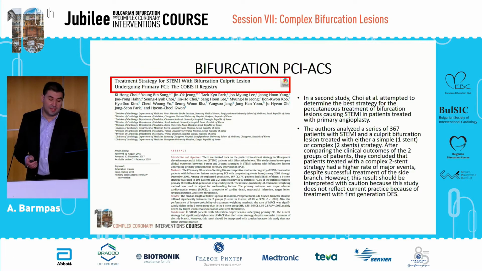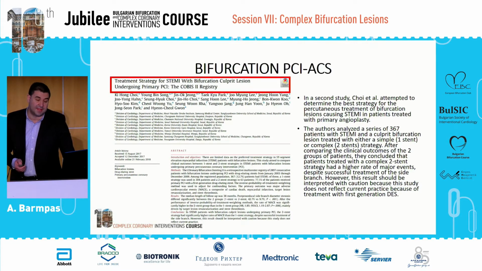In a second study, Choi et al. attempted to determine the best strategy for the percutaneous treatment of bifurcation lesions causing STEMI in patients treated with primary angioplasty. The authors analyzed a series of 360 patients with STEMI and a culprit bifurcation lesion treated with either a simple or a complex two-stent strategy.